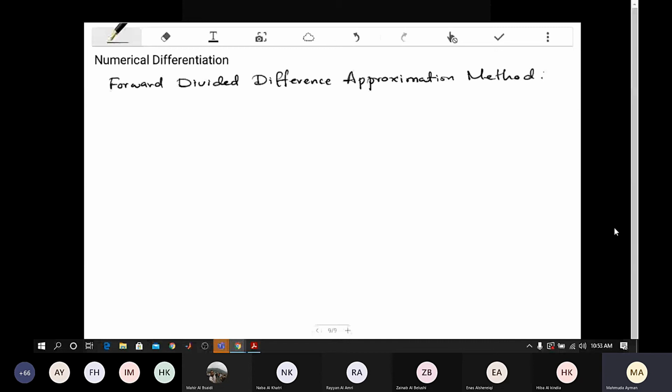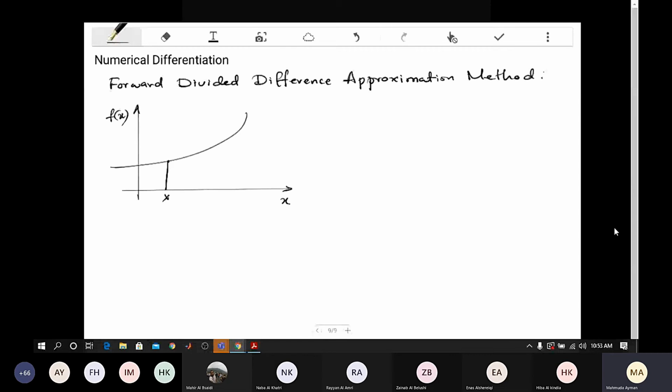So for this, let's say we have a function that looks like this. Here we have f of x, and here we have x. So we have a function, let's suppose like this one here, and we have to find out the derivative at this point here, x.